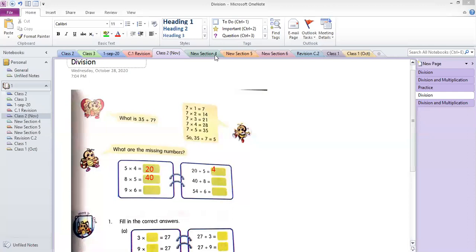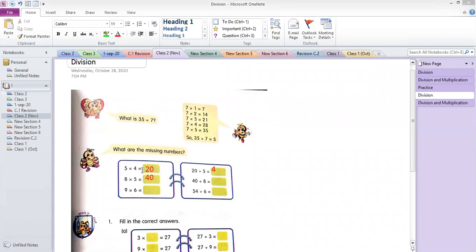Again, I repeat, guys, because 5 multiplied by 4 equals to 20, if I divide 20 by 4, I will get the answer 5. If I divide 20 by 5, I will get the answer 4. Same here, 8 and 5. If you multiply 8 and 5, you get 40. So if I divide 40 by 8, the answer will be 5.